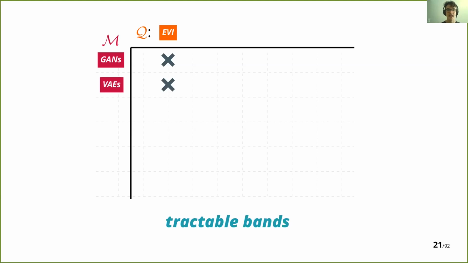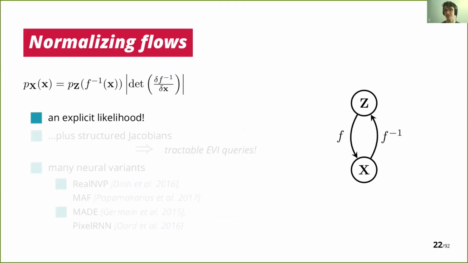If we cannot use GANs and VAEs, we must be using normalizing flows. Normalizing flows in essence are just an invertible mapping, a bijection F, that maps a latent space, let's say Z, to the space that we observe, X. We generally assume that the space Z is distributed according to a simple distribution, let's say an isotropic Gaussian. Instead, the space X is the space of our features and attributes, and the true distribution over there is very complicated.